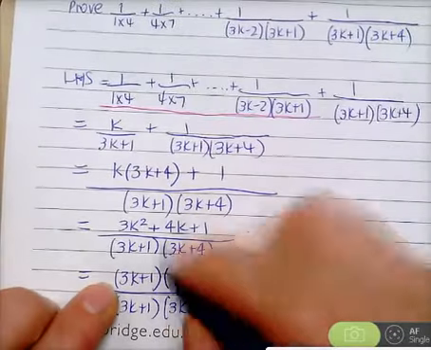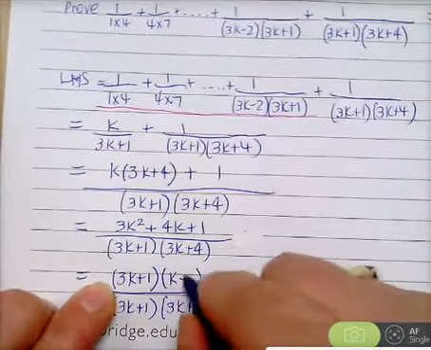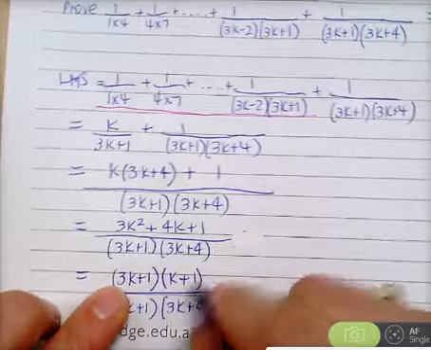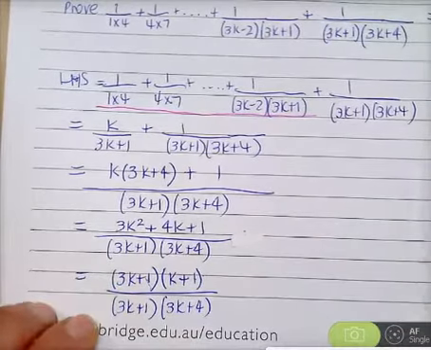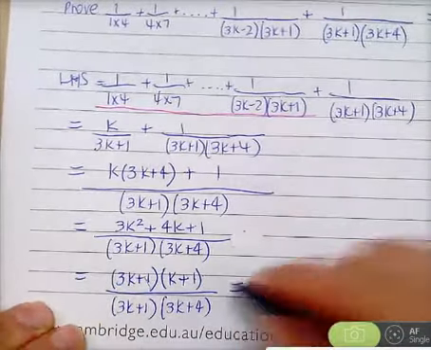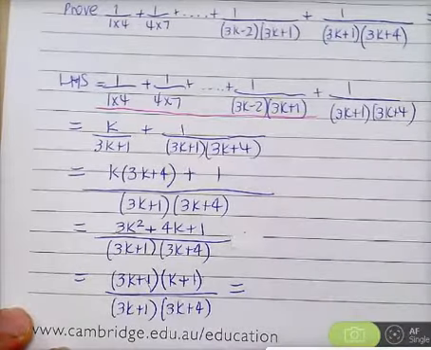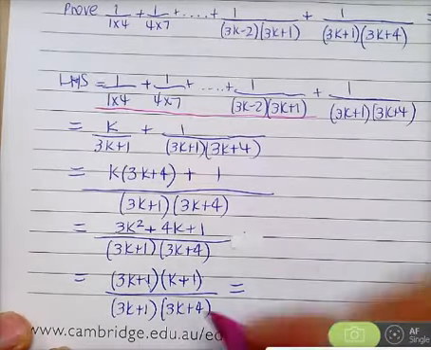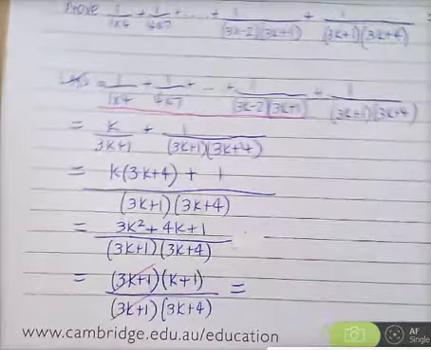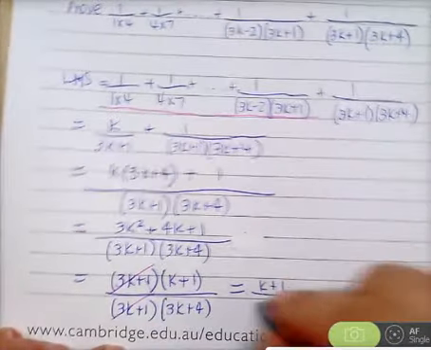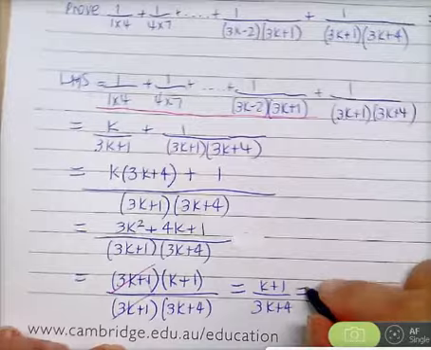Well, what would it be? k plus 1. So what's that? 3k squared plus 3k plus 1k plus 1. That works. What cancels? I've got a problem. Oh, no, I don't. Which equals k plus 1 over 3k plus 4, which equals what we're supposed to get.